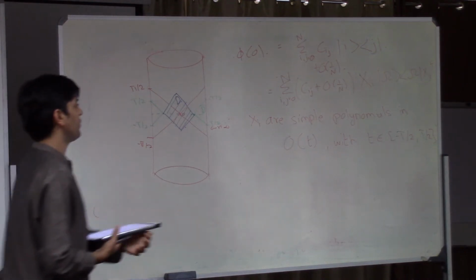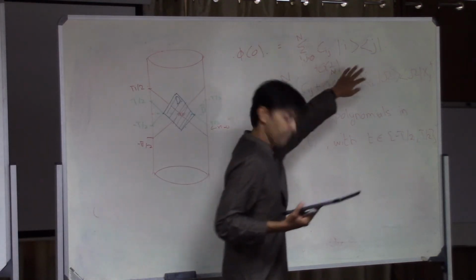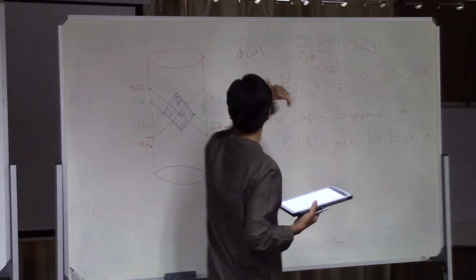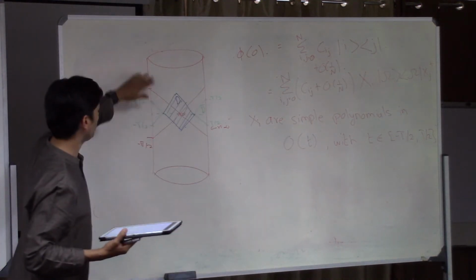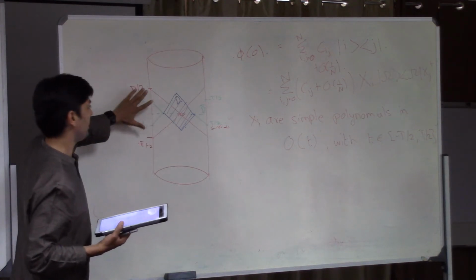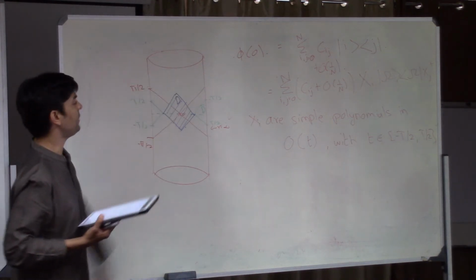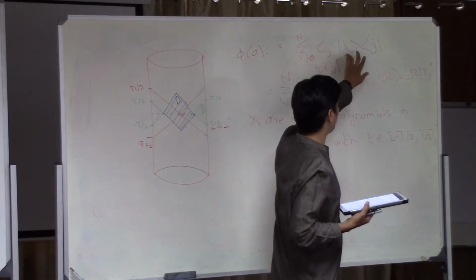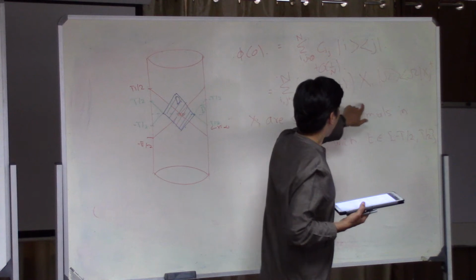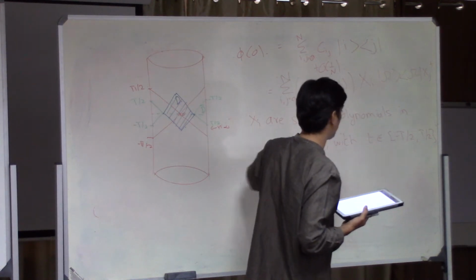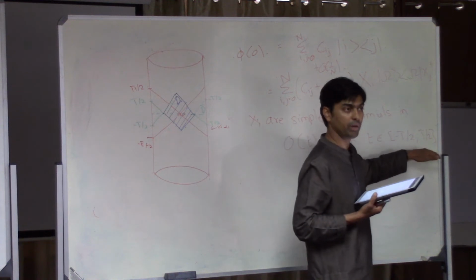We had an expansion that was written in terms of a complete set of states. Initially, the basis we decided to choose for the complete set of states was based on states created by acting with operators in the full range, by acting with creation and annihilation operators of O of T. What this theorem tells us is that in fact you could create all states in the Hilbert space by acting with operators that only involve insertions of O of T in the region minus T by 2 to T by 2.